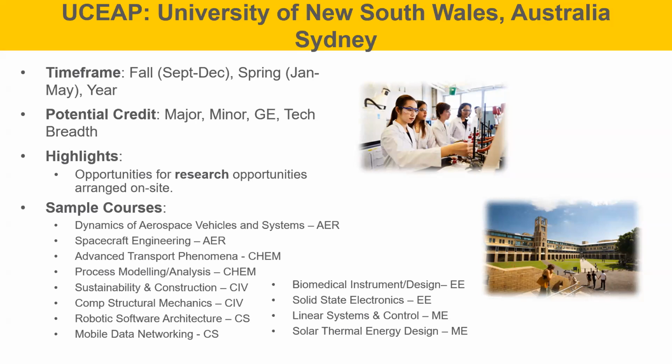So again, a great sample of a great university in Australia. You can go for fall semester, spring semester, or the whole year. One highlight is that this university is big on research, so when you are there, you can try to arrange an on-site research opportunity.